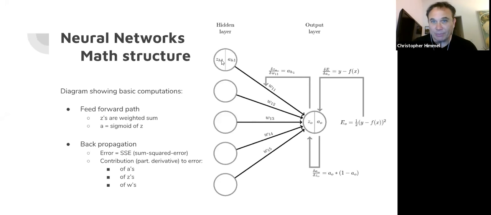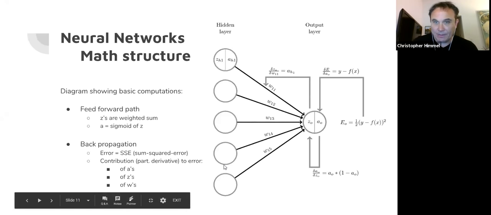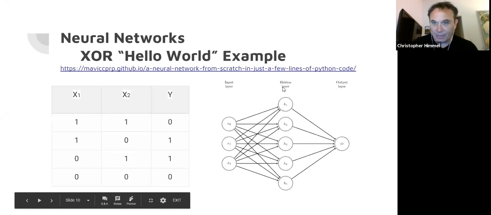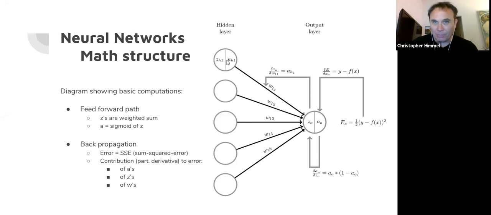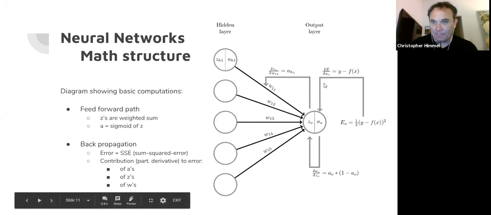So H1 is in the hidden layer. We have these 5 neurons. I'm showing now these 5 neurons in the output. So Z and A are part of this neural network, this neuron. ZH2 and AH2 are in this one all the way down. Z0 and A0 are part of this one.